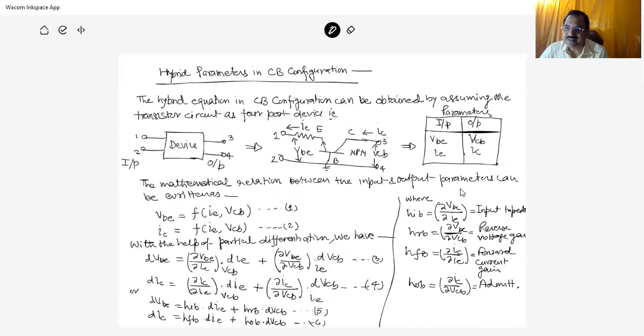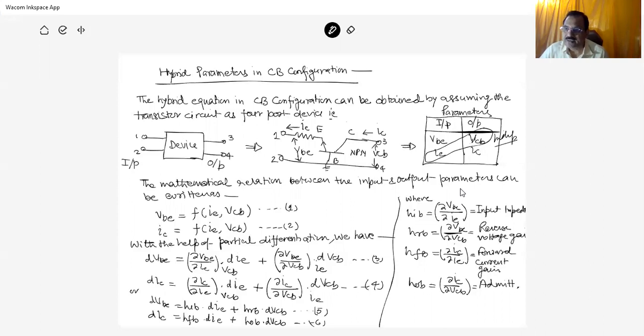So amongst this 4-port device, the input parameters are voltage and current, and these are the output parameters, voltage and current. On the combination of these two, these are considered to be independent parameters.